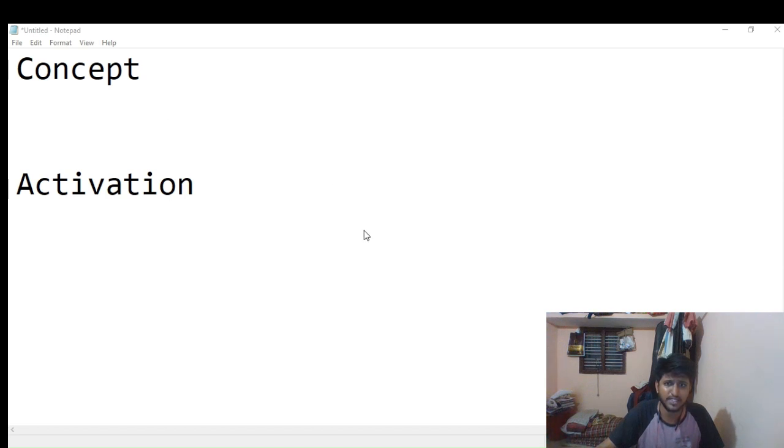We'll try to understand another topic now, which is error functions. So what is this error function all about? First understand the definitions, folks, what I am talking about.